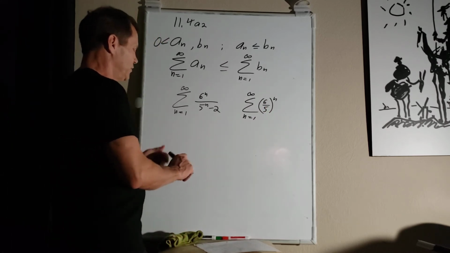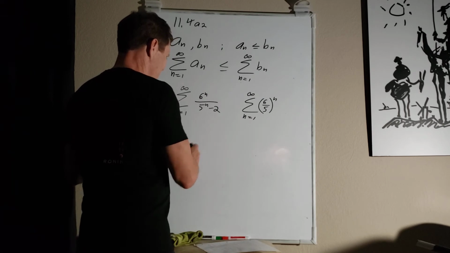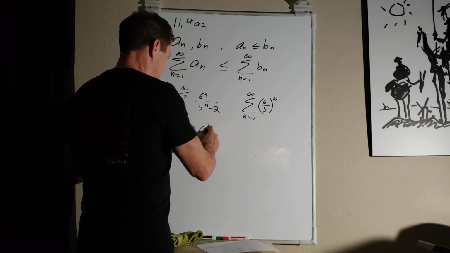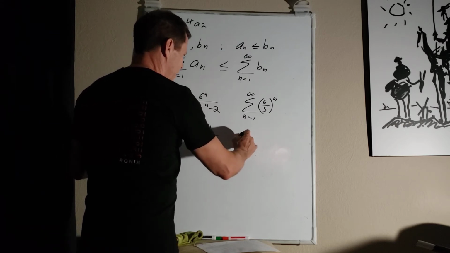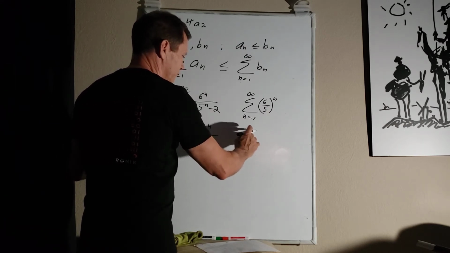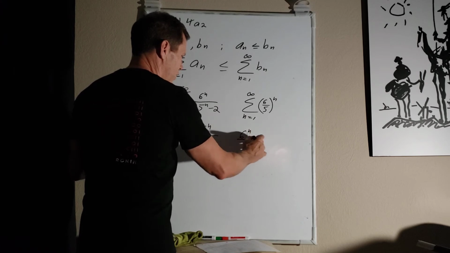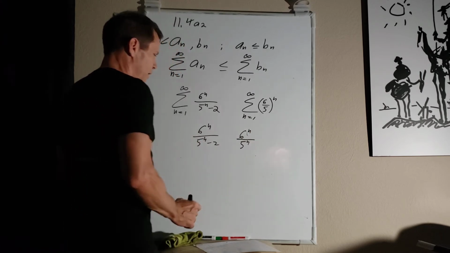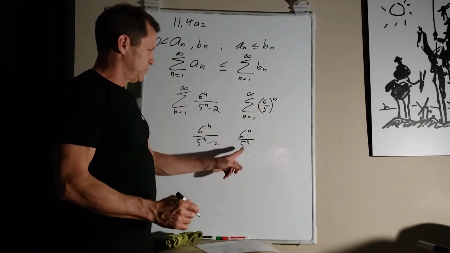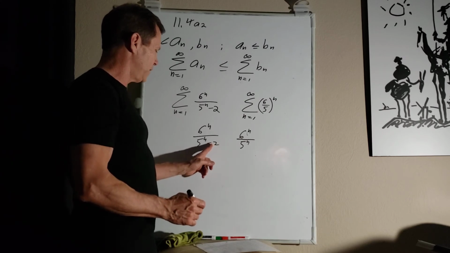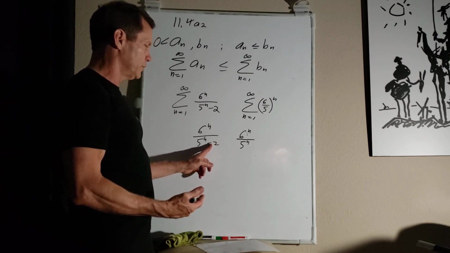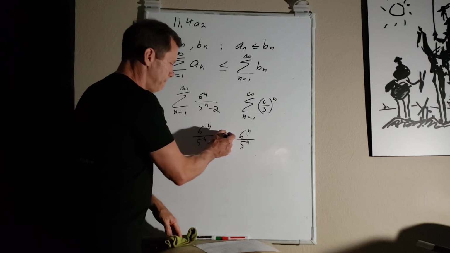Now let's compare these two. Let's look at 6 to the n over 5 to the n minus 2, and you can write that as 6 to the n over 5 to the n, and that's the same as this. And here I made the bottom smaller, so this is going to be bigger than that.